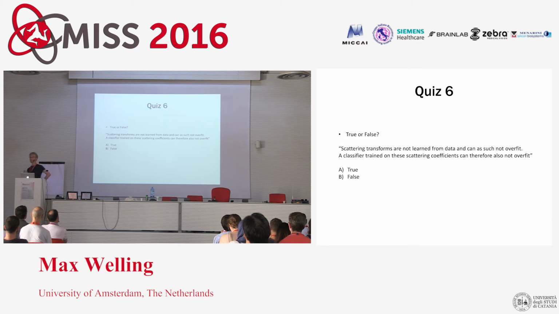So both have to be correct for you to answer A. The real question is, if you train an SVM classifier on top of a scattering transform, can you still overfit?